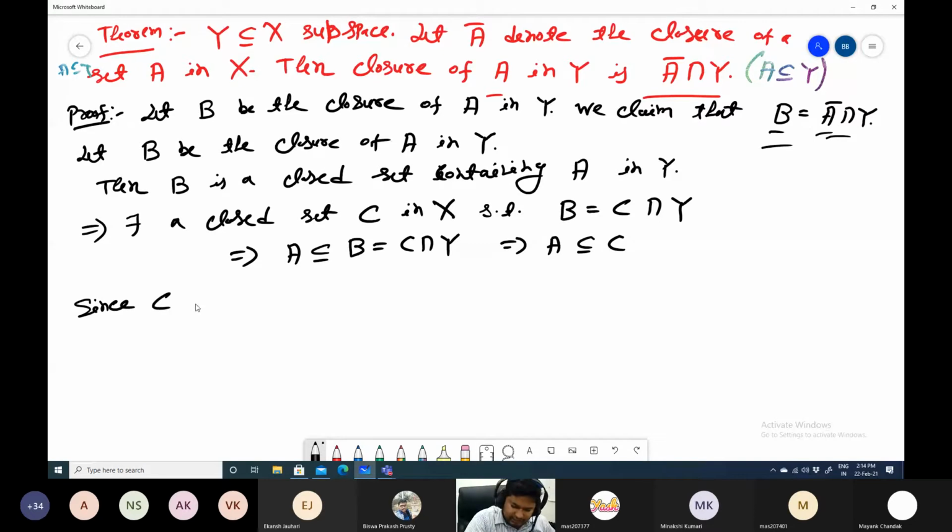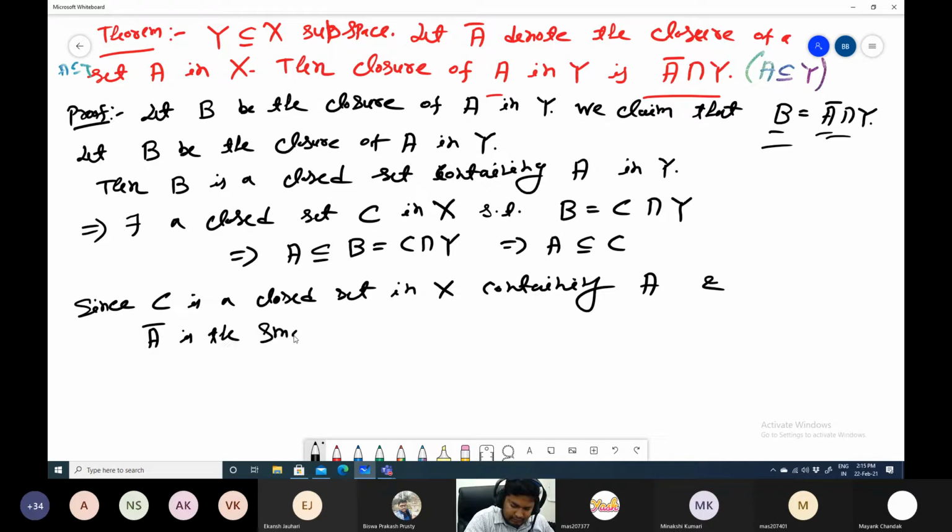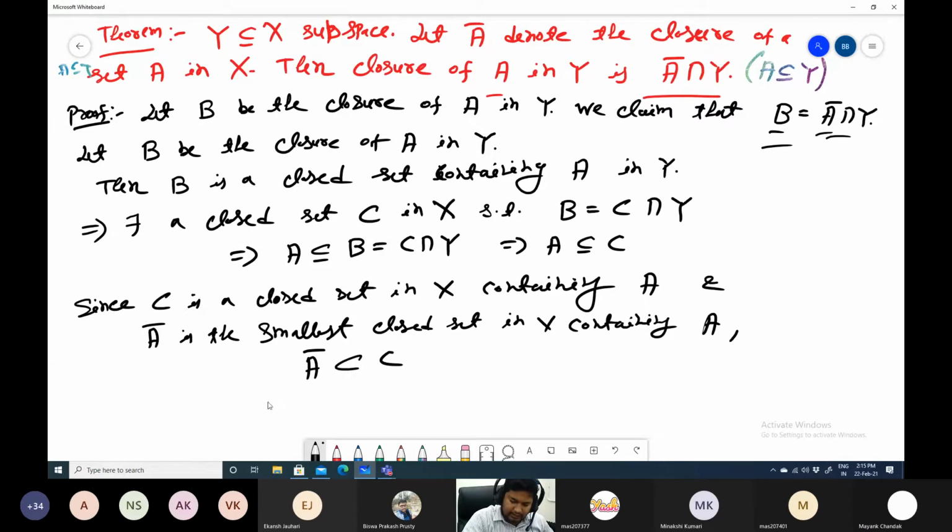Now since C is a closed set in X containing A, and A closure is the smallest closed set in X containing A, therefore we have A closure subset of C. Now that implies A closure intersection Y is a subset of C intersection Y. And what is C intersection Y?